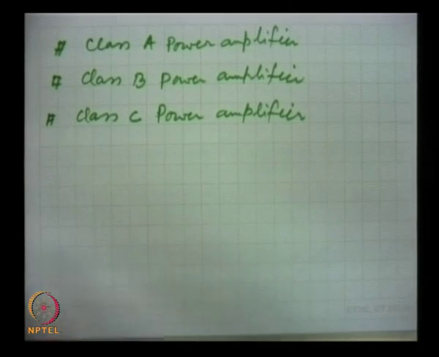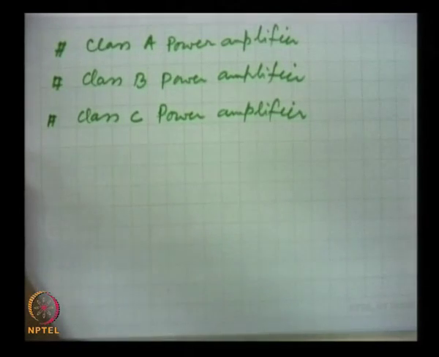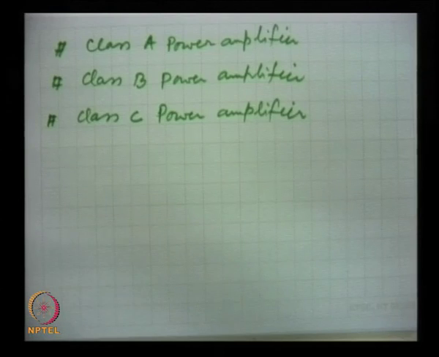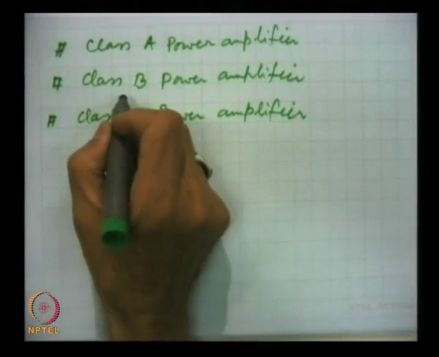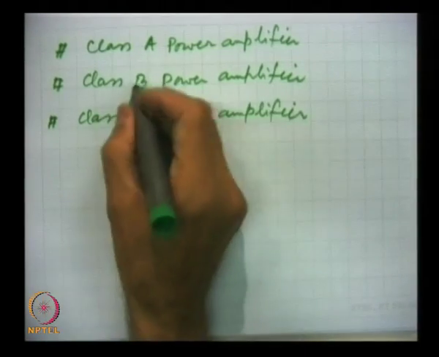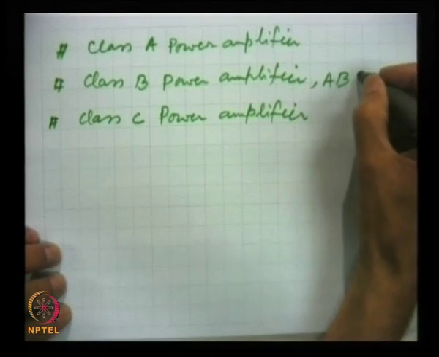In class B amplifier, when we go for details, we will see that when a transistor is operated in purely class B, as a class B amplifier, there is some distortion, and the distortion can be removed by making this B operation, instead of pure B, it is AB operation, AB power amplifier.